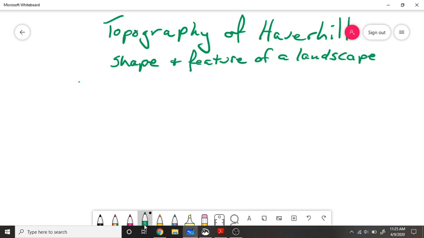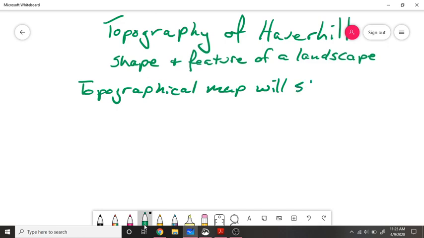So, a topographical map will show you the elevation. That's the height above sea level.